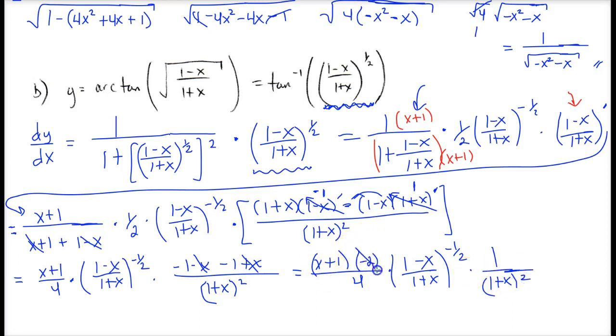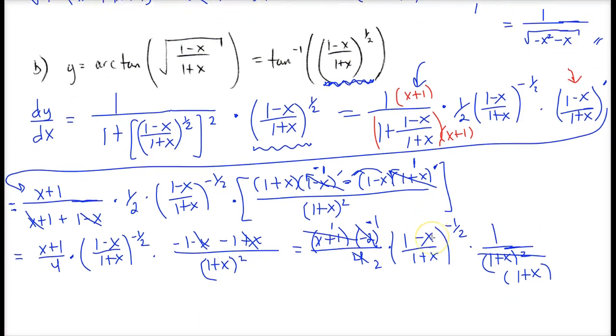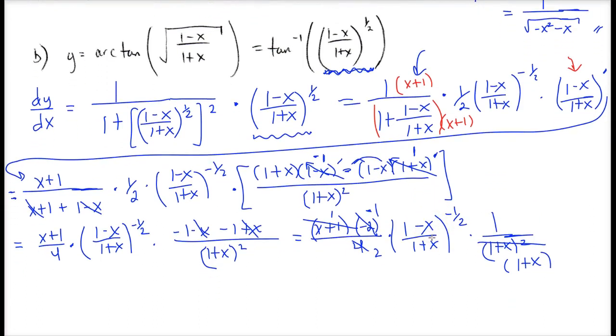And of course, this would just simplify to negative 1 over 2. So at that point, we'll also see that this x plus 1 and this (1 plus x) squared would just simplify to 1 plus x left. So let me scroll down, and now we'll see what the results of all that is.